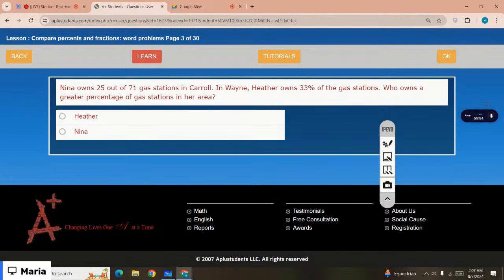Nina owns 25 out of 71 gas stations in Carroll. In Wayne, Heather owns 33% of the gas stations. Who owns a greater percent of gas stations in her area? So, which is the correct option?